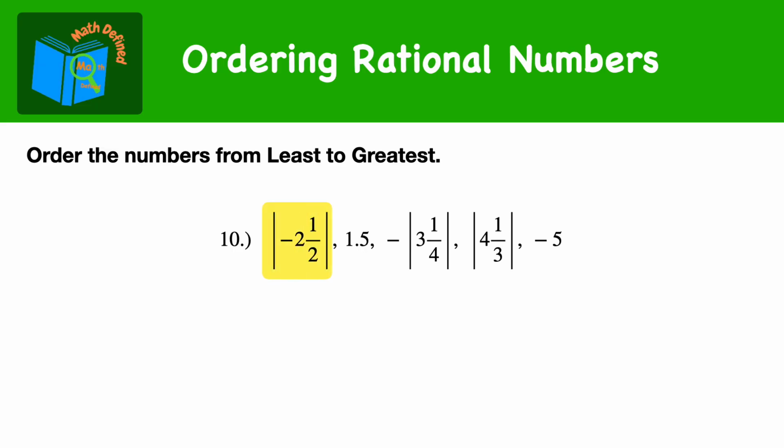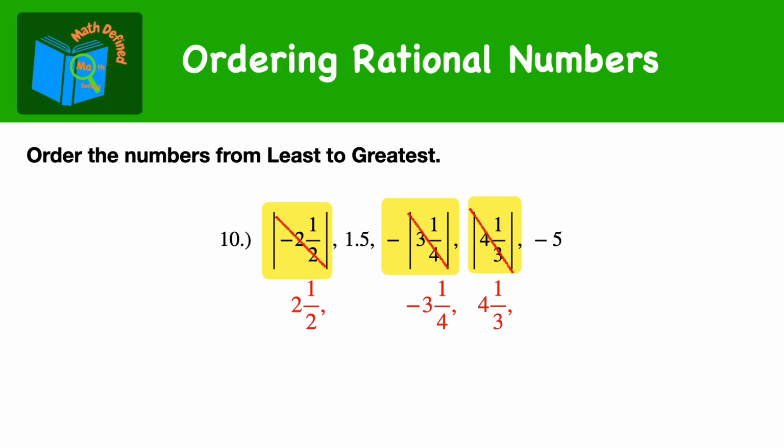Starting with the absolute value of negative 2.5, it simplifies to positive 2.5. Next, we'll simplify the negative absolute value of positive 3 1/4. It simplifies to negative 3 1/4. And lastly, the absolute value of positive 4 1/3 is positive 4 1/3.